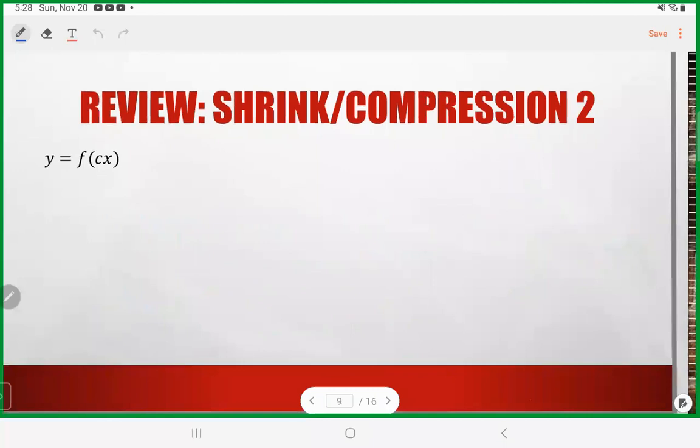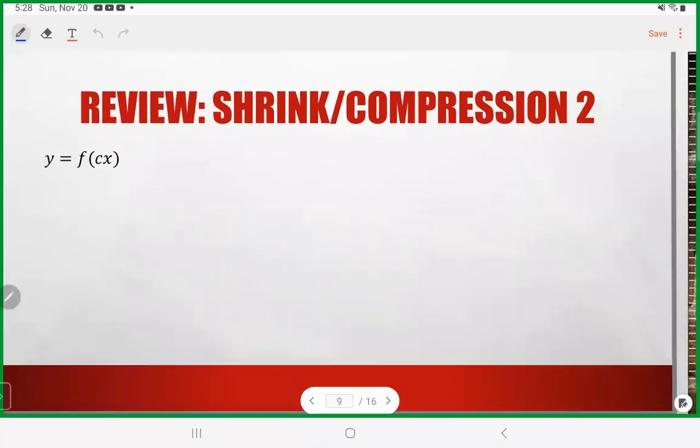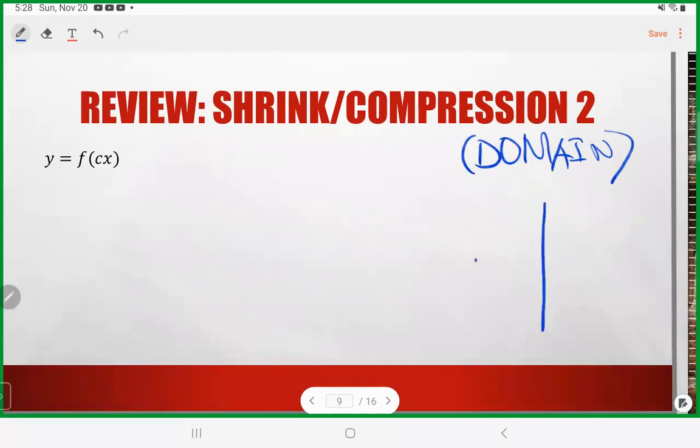So now this is another tricky one because it's the complete opposite of this. It's again an effect on the domain. The key point is the effect on the domain. You have to look at the domain. So in our example graph, if we have f of 2x, contrary to what you would expect, you're actually going to shrink it.